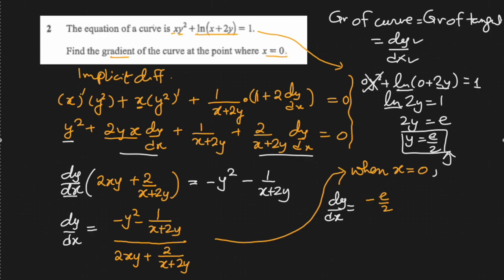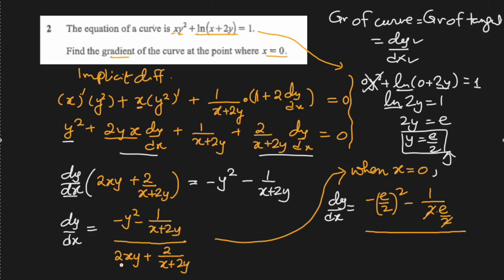Only e over 2 will be squared because it is positive e over 2, right? This minus is part of the differentiation. Minus 1 over x is 0, so I will not write 0, I will just write 2y, which is 2e over 2. Let me cancel this to make it simple.